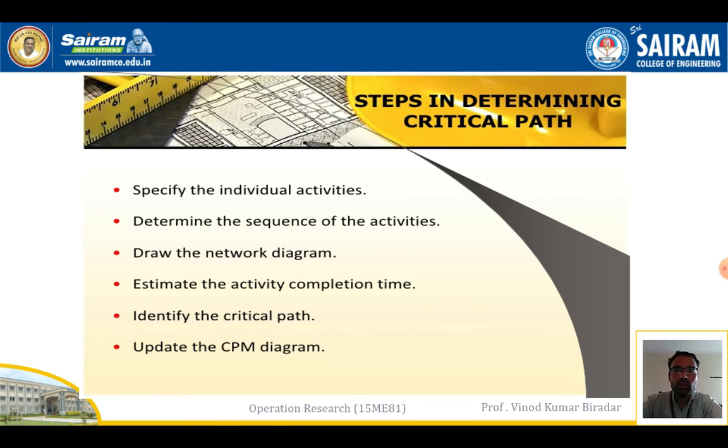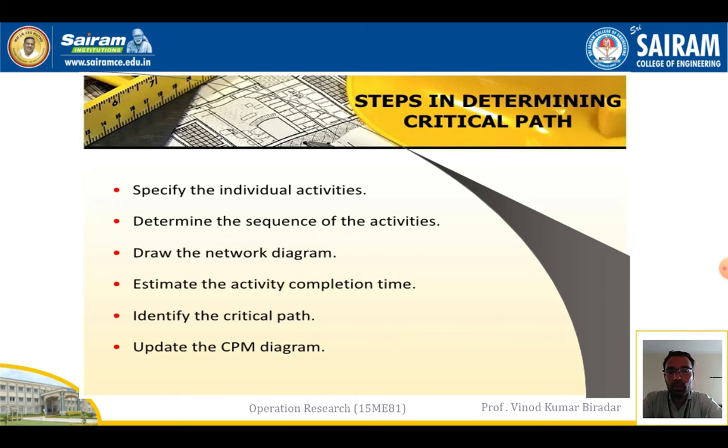If you want to solve a critical path problem, that is a CPM problem, these are the steps. First step is to specify the individual activities in the given project. Second, determine the sequence of the activities, one by one, along with the time. Third, draw the network diagram according to the given activities.